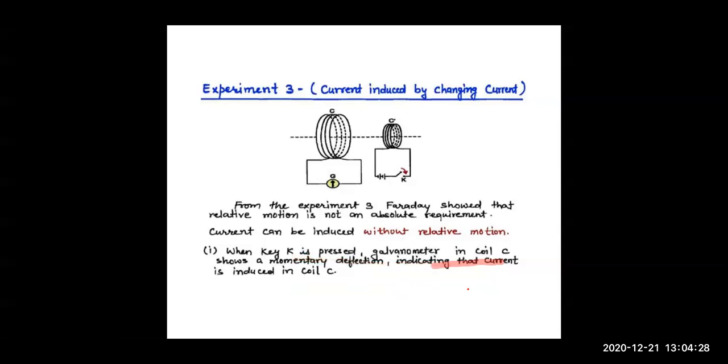See, for example, as you can see in this experiment, a key switch is connected with the coil C dash.